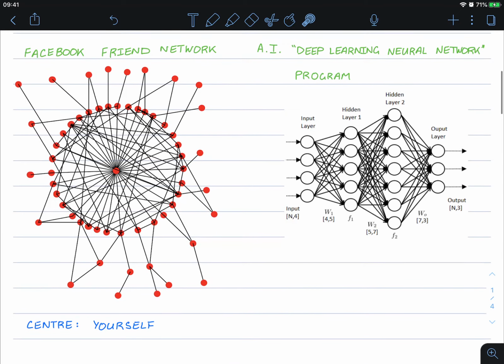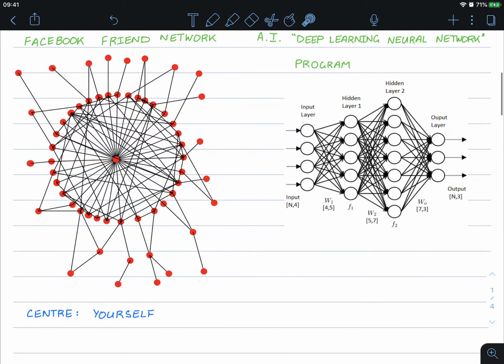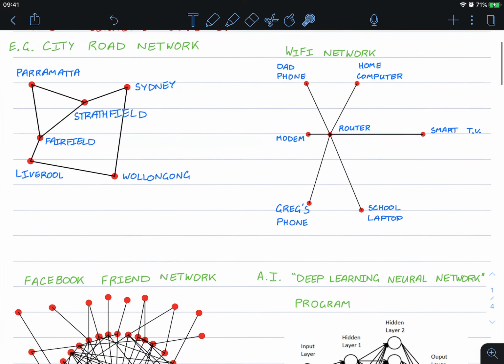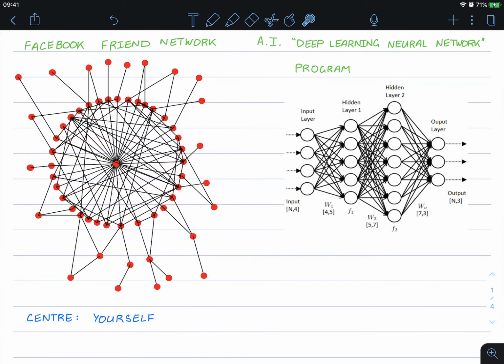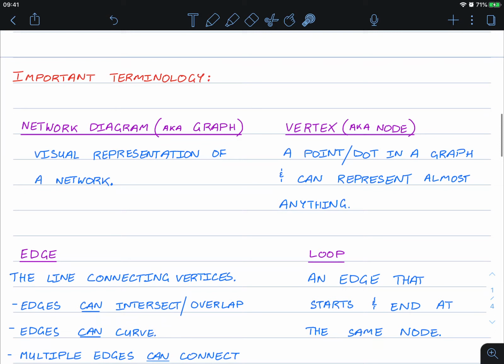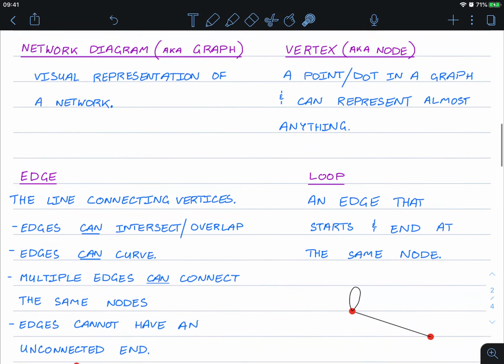In this Facebook friend network, the nodes or the vertices represent people. In this one here, the nodes or the vertices represent devices. And I'm unsure what these nodes represent. I think it's programming of some sort. So a vertex is the dots on the graph.